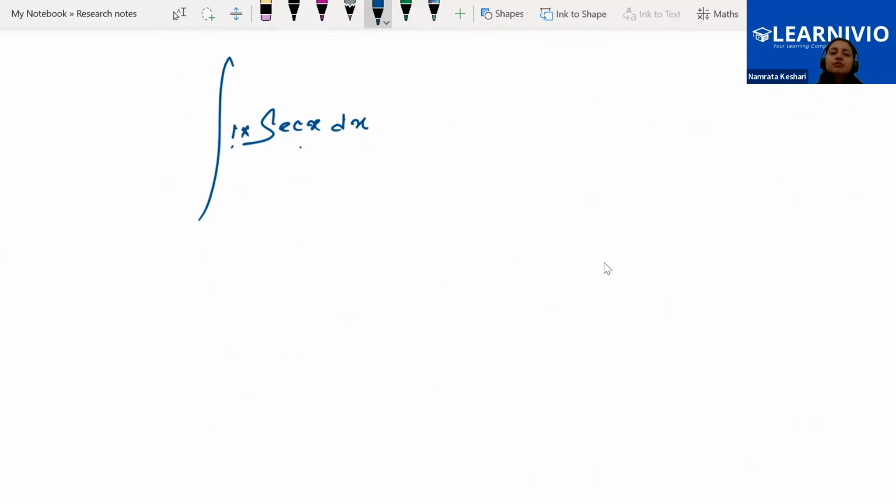Let's check it. The first function we are taking is 1. Or, if we take sec x as the first function, that will be the second function. Is it making sense?